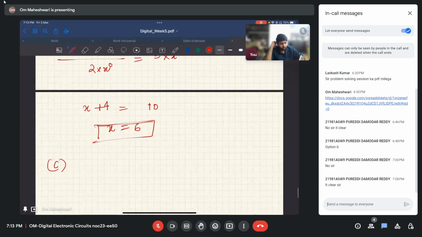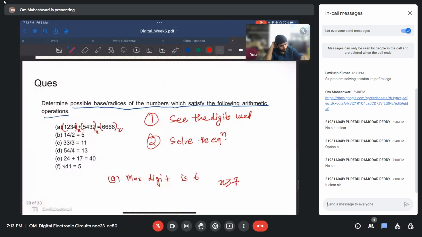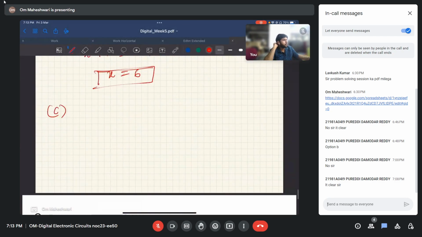Part C is what? 33 by 3 is 11. So this is simple. So that means 33 base x by 3 base x equals 11 base x.